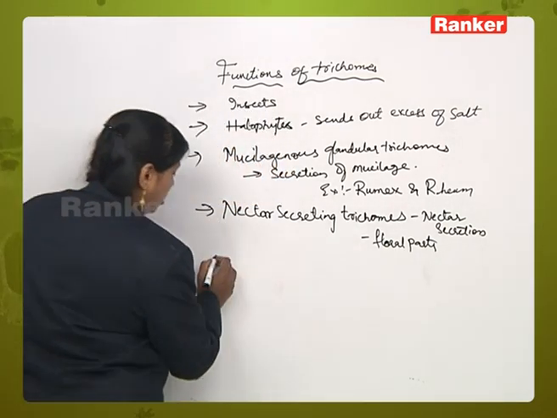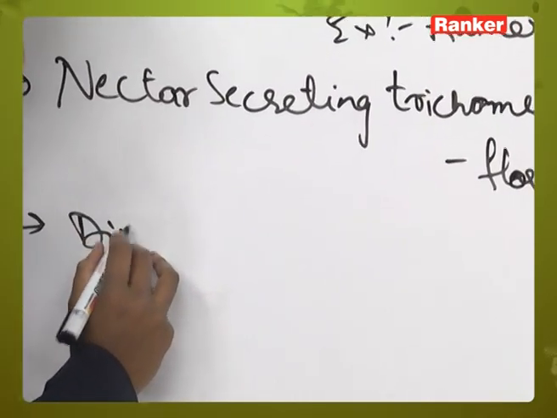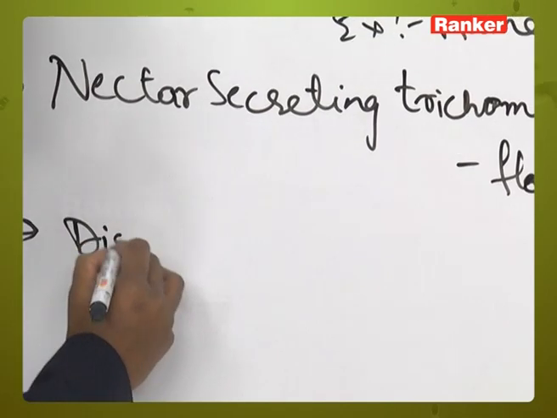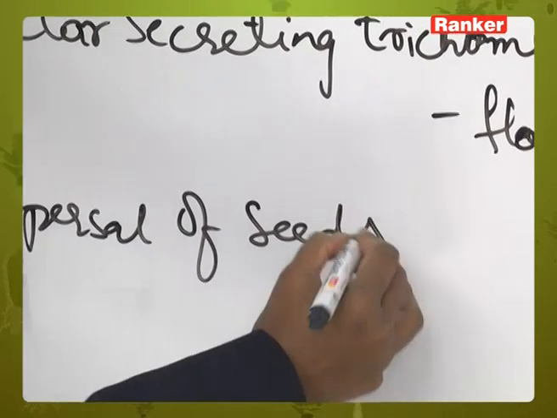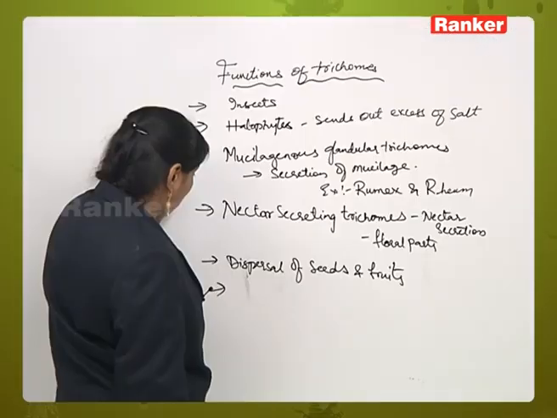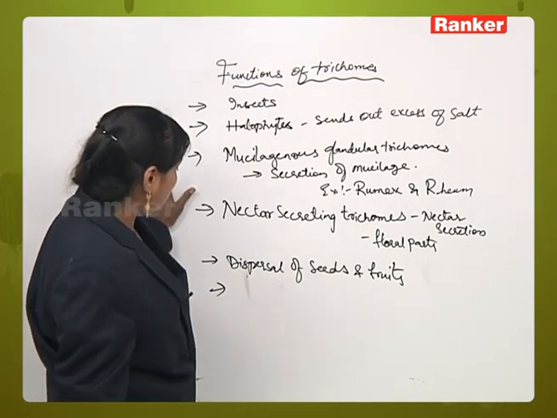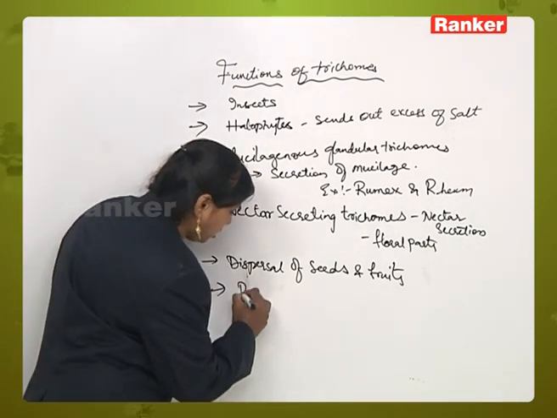And some of the trichomes are modified and they are helpful in the dispersal of seeds and fruits. Sometimes the trichomes present in the floral parts are also helpful in functioning of the floral parts in pollination.